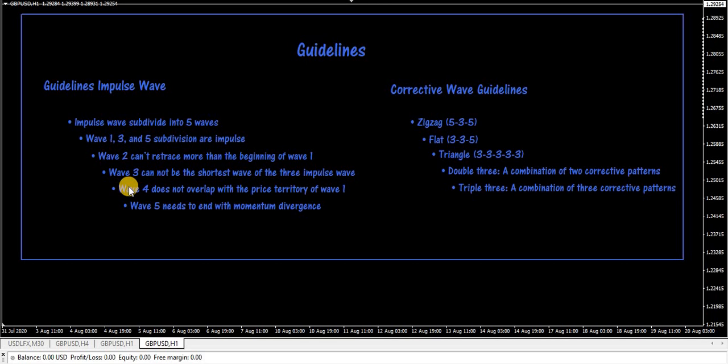Leading diagonals, that's generally in a wave 1. When your wave 1 is building up, wave 1 can still be a 5, 3, 5, 3, 5 subdivision. But the wave 4 can move into the price territory of wave 1.